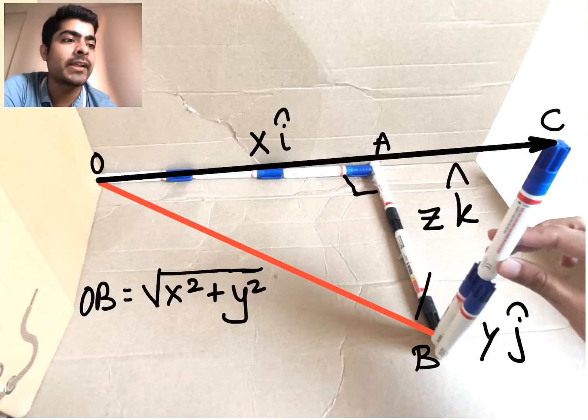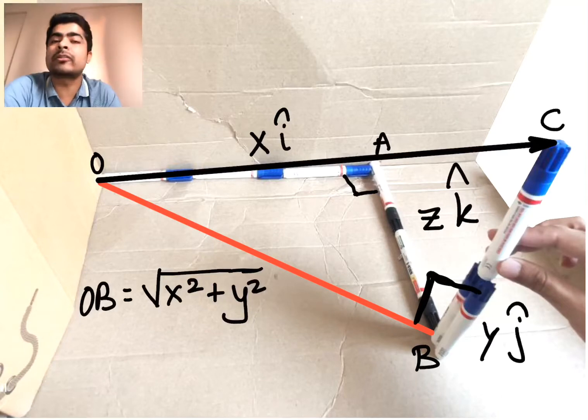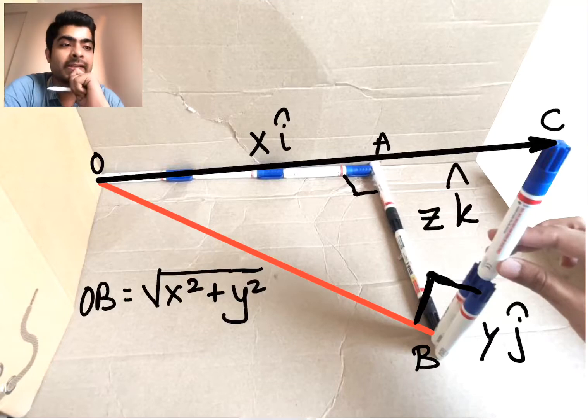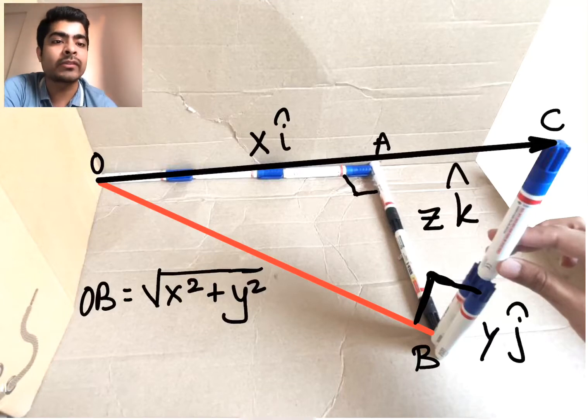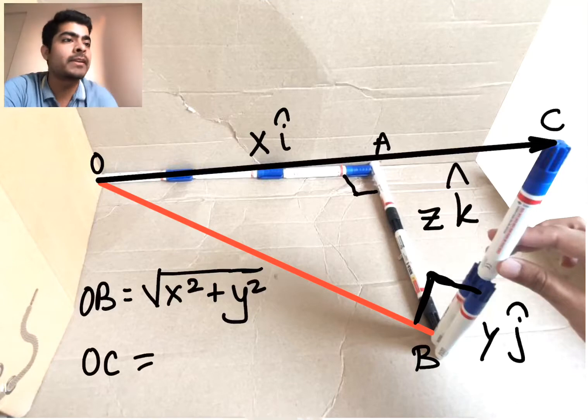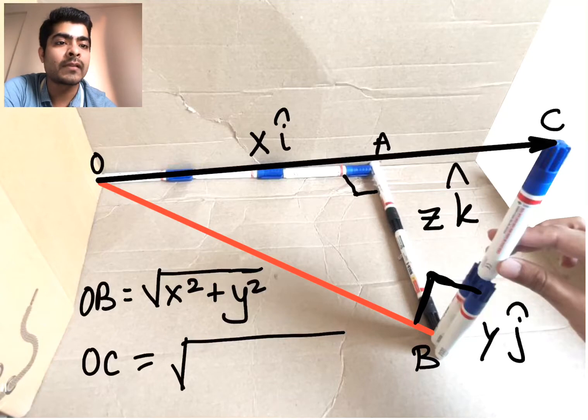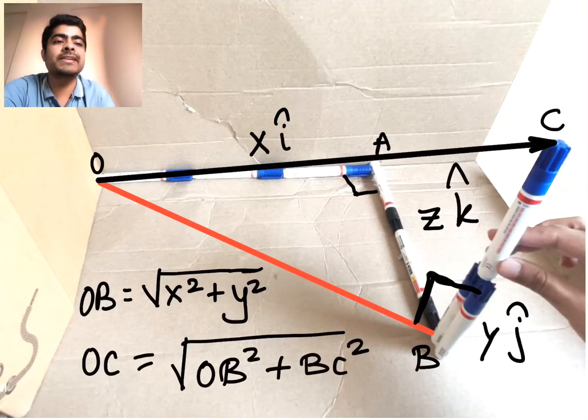I could say that OB and BC are perpendicular to each other. So then OC is the hypotenuse, and I could write down that OC will be equal to under root of OB square plus BC square.